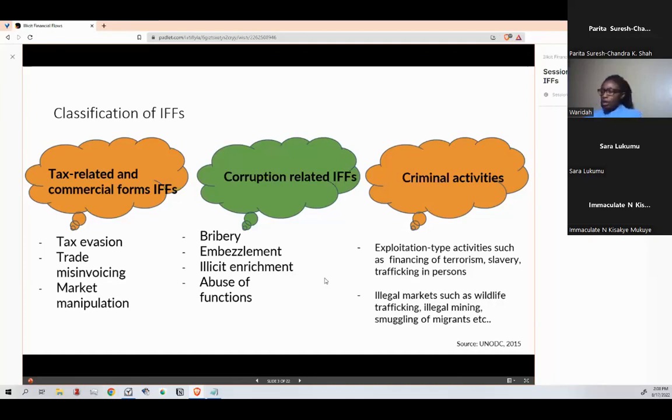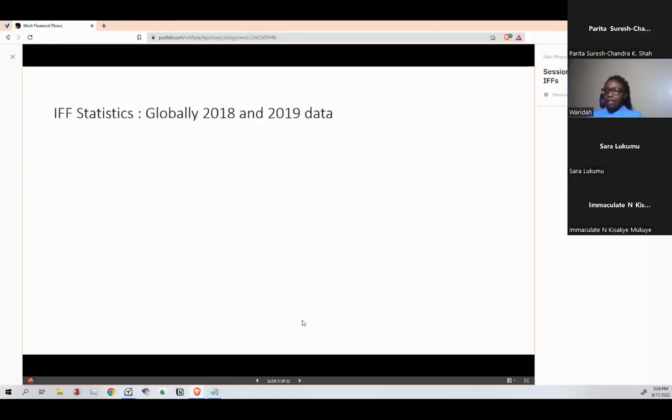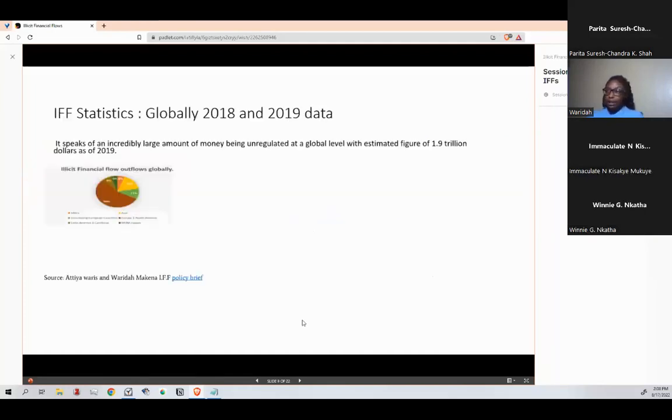Now, we'll also see that when it comes to classifications, these classifications now boil down to how much is being lost globally. And 2019 data showed that the money lost globally on IFFs was $1.9 trillion as of 2019, with, of course, the highest outflows being from Europe and North America.